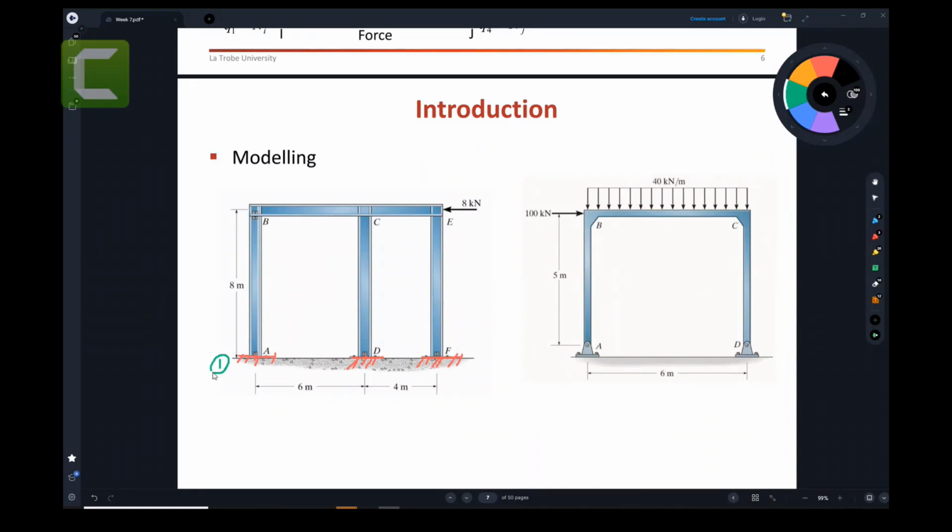Number one, number two, number three, number four, number five, and number six.